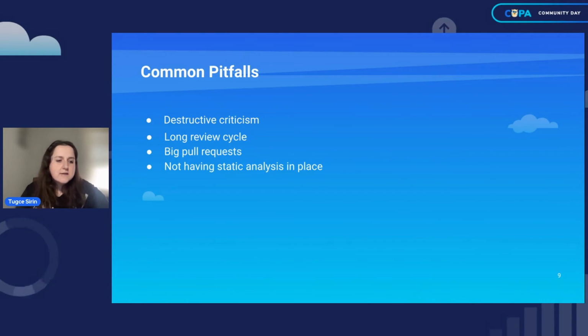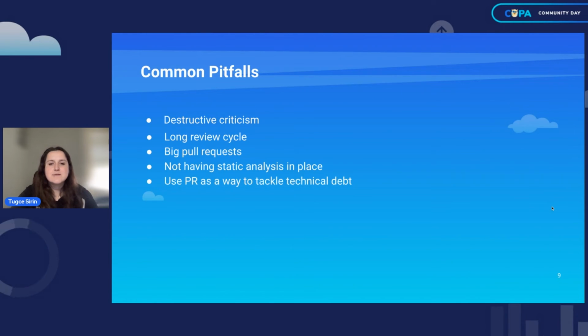And even a smaller analyzer will help you tremendously, because it will reduce the mental load from the reviewer by taking care of the best practices, security rules, and styling guidelines. So it's a really important part that I see most people not implement, and they are missing out on the benefits of having it in place.